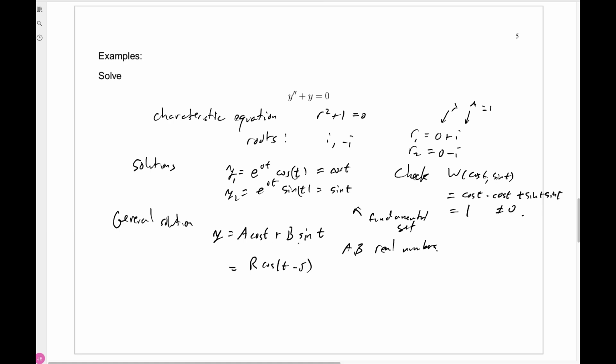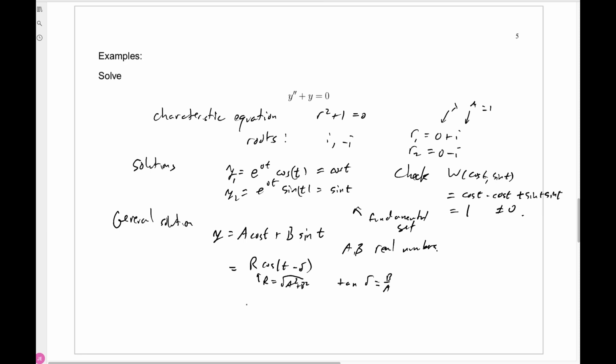In other words, you can express a linear combination of a sine wave and a cosine wave as just a single sine wave, or expressed as cosine here, but a single one whose amplitude, r, is just the square root of a squared plus b squared, and delta, which is just the phase shift, is given by tangent of delta equals b over a.